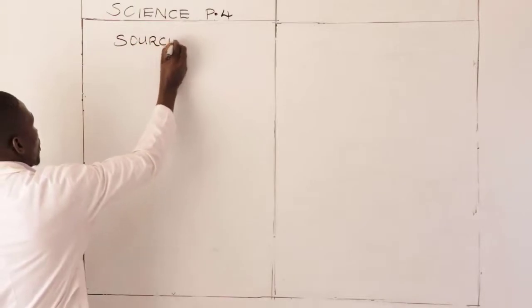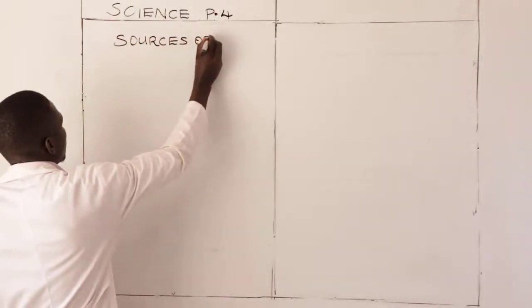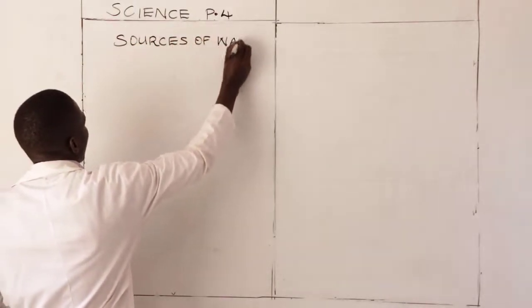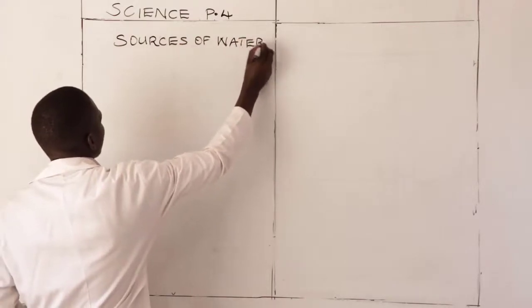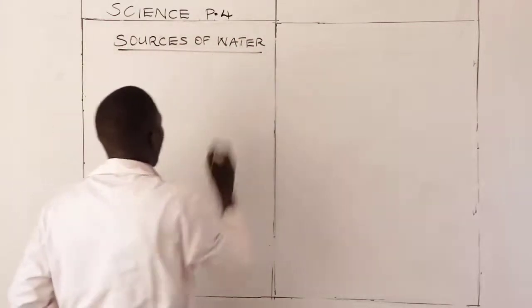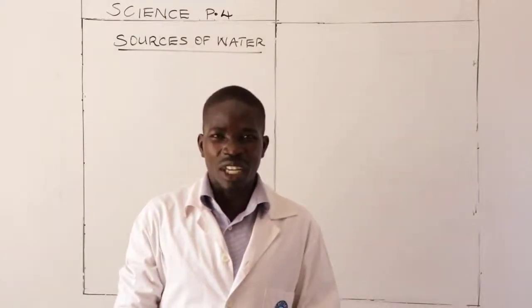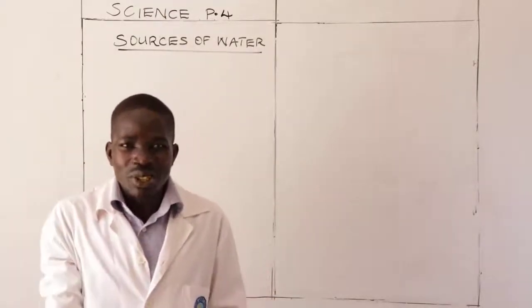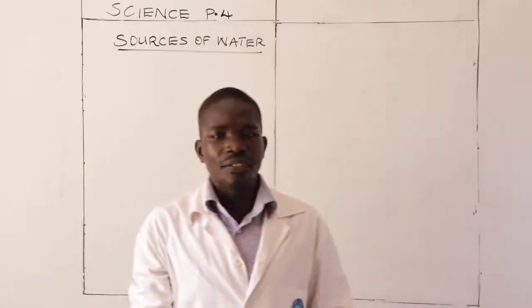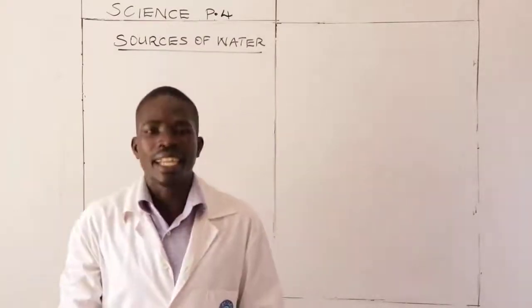Primary 4, we are looking at sources of water as our lesson today. They are divided into natural and artificial.